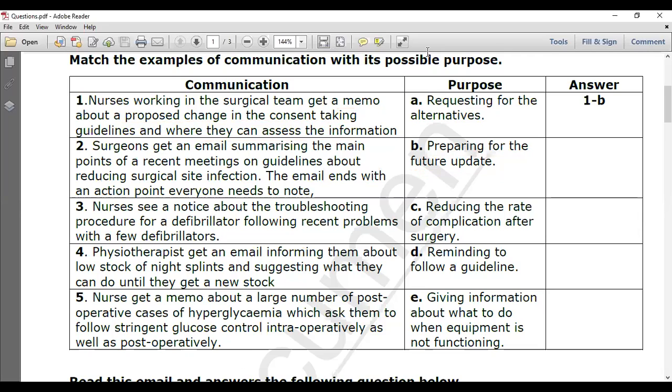You need to type in your answers in the chat box. Reading this communication, you have to decide why this communication is being done.